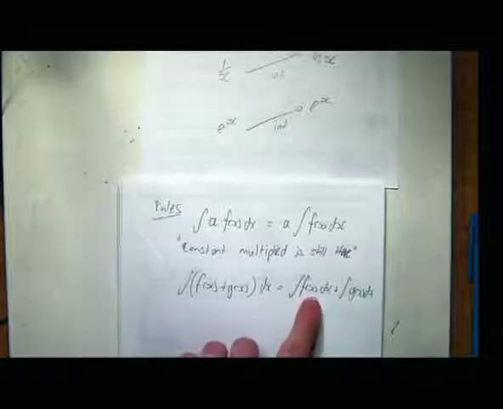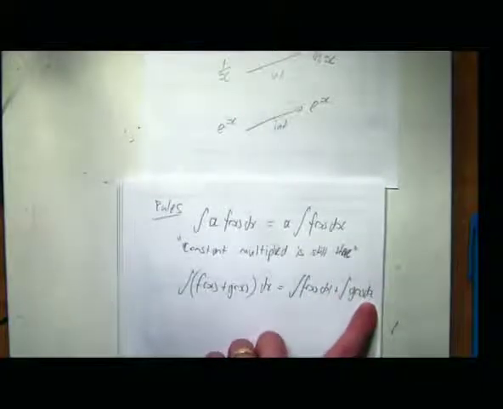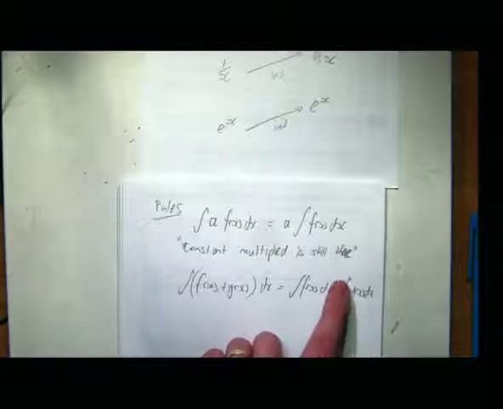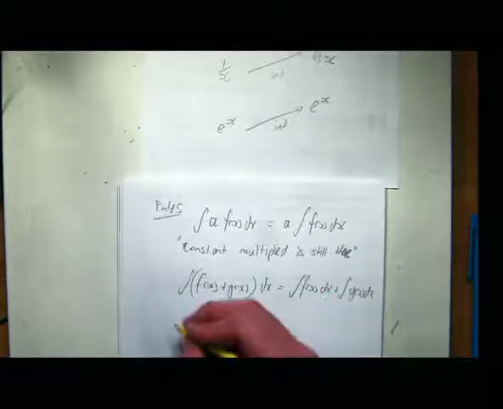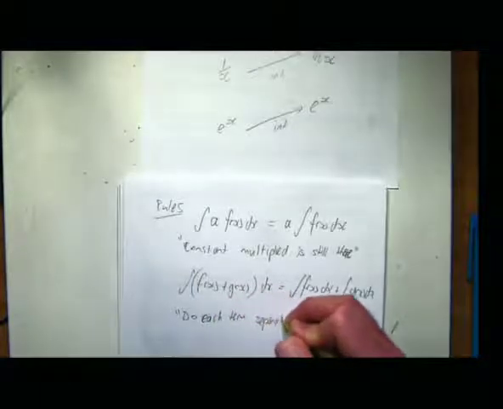The integral of f of x plus g of x dx is the integral of f of x dx plus the integral of g of x dx. So that's saying that you can do each term separately. Things separated by pluses or minuses can be done separately. So they're the basic rules. Pretty sure there's nothing else very important at this stage for the just do it.